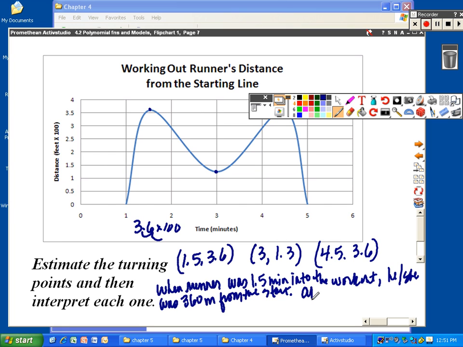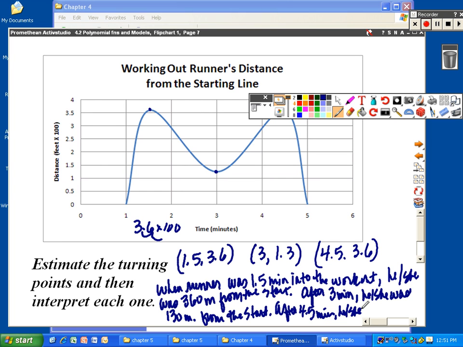After 3 minutes, he or she was 130 meters from the start. And finally, after 4.5 minutes, he or she was again 360 meters from the start.